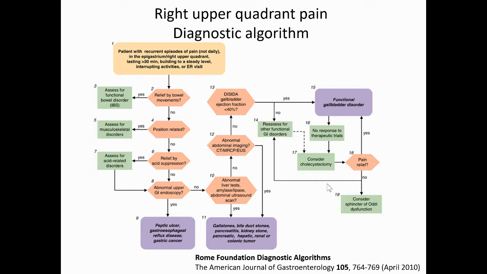So I think that this is a very nice algorithm that highlights how doctors should think and when to order the different radiological modalities. If you're interested in reading more of these diagnostic algorithms, then I would point you to this source, which appeared in the American Journal of Gastroenterology.